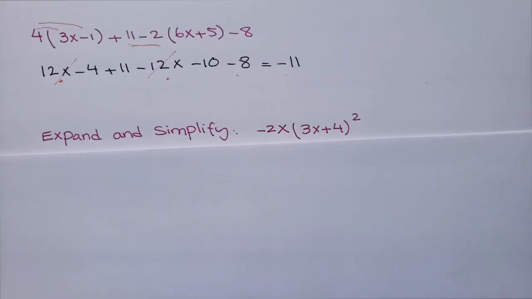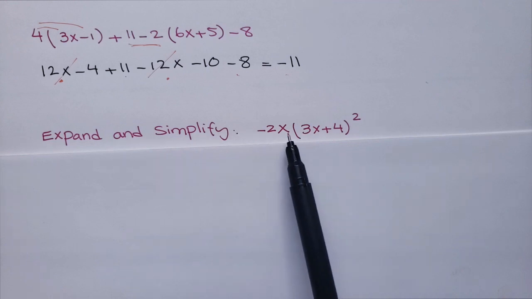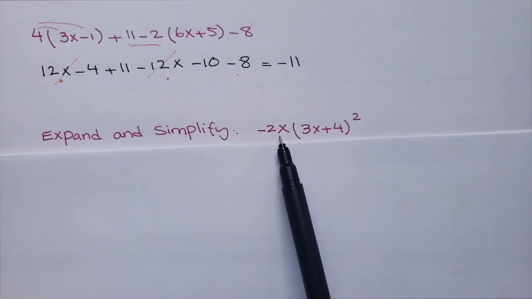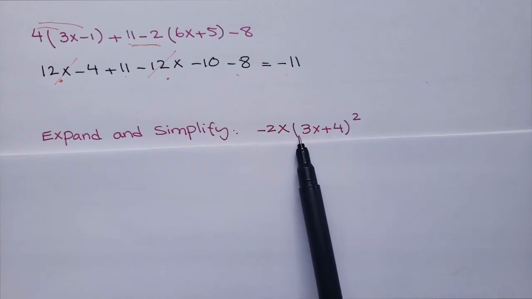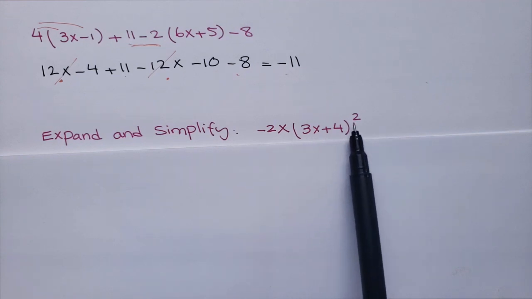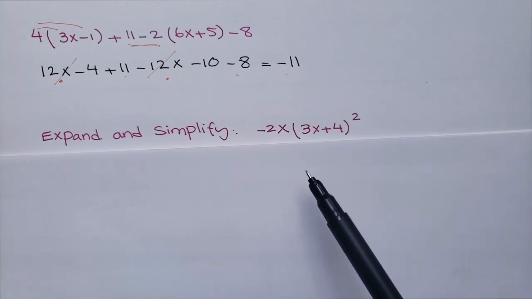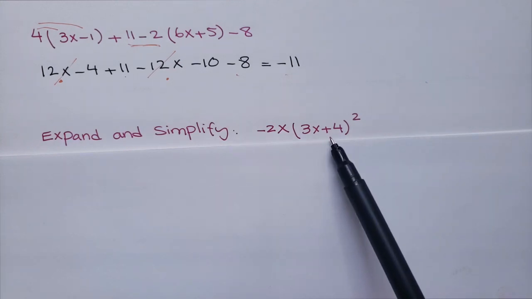Next question is a little bit different. Here it says expand and simplify. So we have negative 2x in front of a parenthesis, but the parenthesis has got a binomial inside and it's raised to the power 2. As I mentioned in my other videos, there are some special identities or patterns in math which apply to binomials.